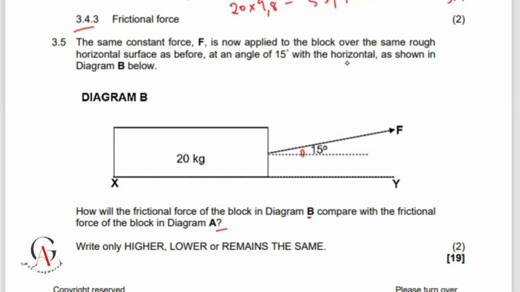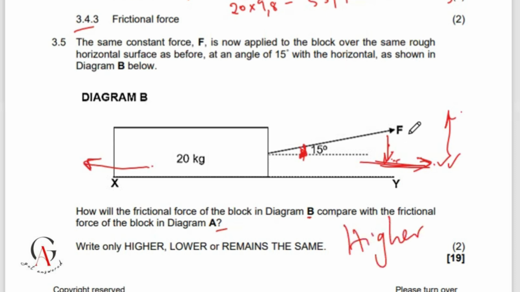They don't want an explanation, but in this case, for as long as the angle of inclination is smaller, the frictional force is going to be bigger. Why? Because most of the force will be applied in trying to overcome friction, because there's going to be more of the horizontal force than the vertical force. And if the horizontal force is greater, even the frictional force must be bigger. So we're going to say it's higher. That is question 3.